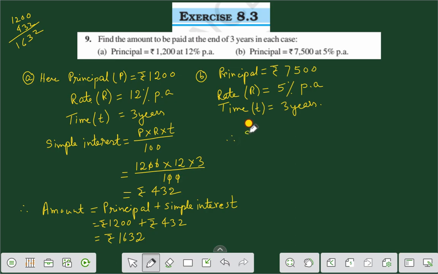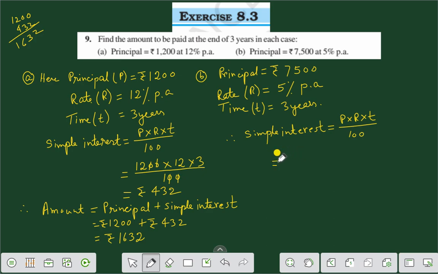Therefore, simple interest is equal to PRT by 100, that is P into R into T by 100.